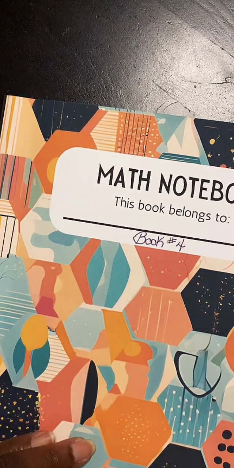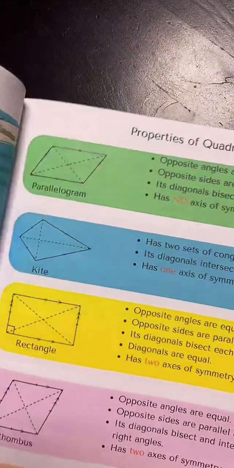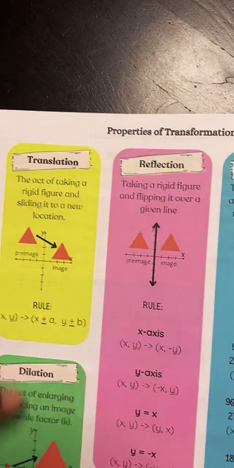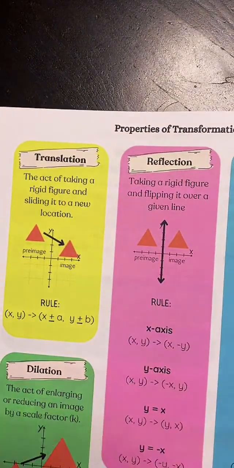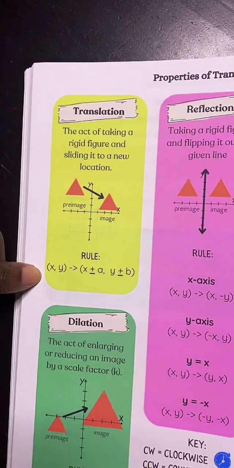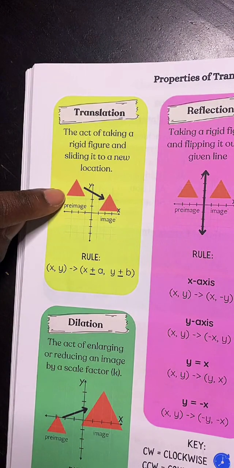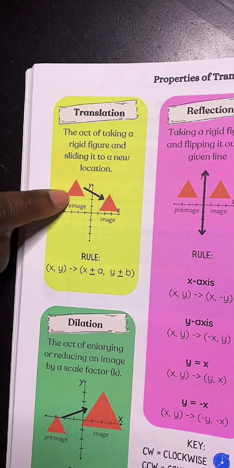What about the translation, rotation, scale? Look, as I turn to it. Okay. So, if you go with the rules, because all you're doing is your translation, it doesn't change. It's a rigid figure.